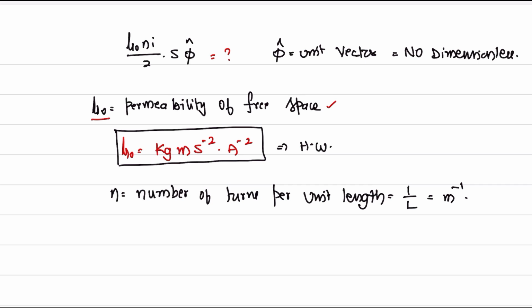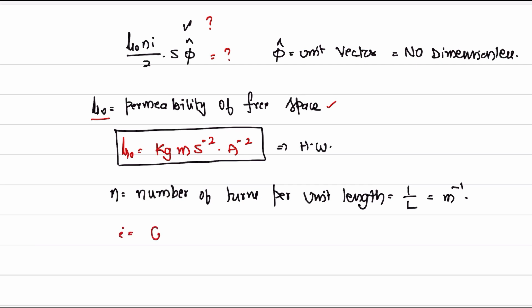We are finding the units first from the dimensions. From the units we try to arrive at what this equation, μ₀ni/2 into s into unit vector phi, means. Now, what is I?